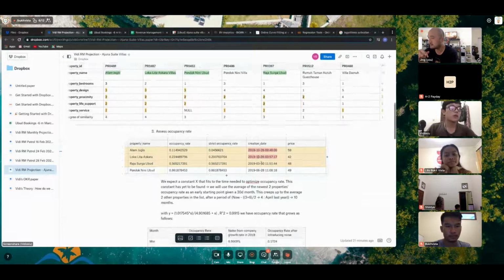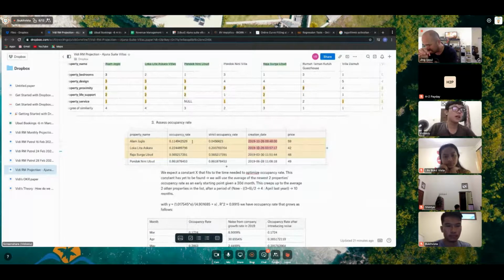So I projected, I took the occupancy rate from, let's say, the month of October, and let's say our company is stable, and at the end month, after taking care of that particular listing, we have an occupancy rate of, let's say, 0.86, which is pretty good for Pondok Nini Ubud.